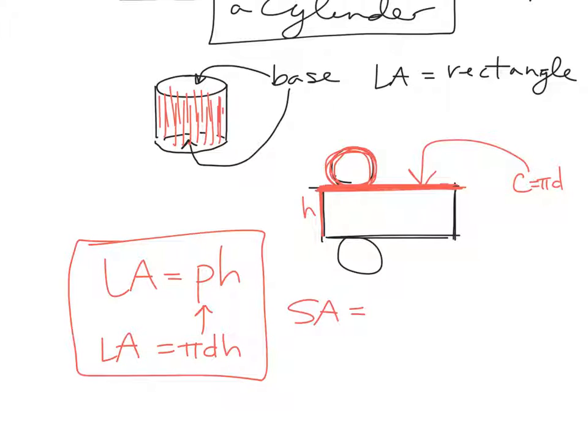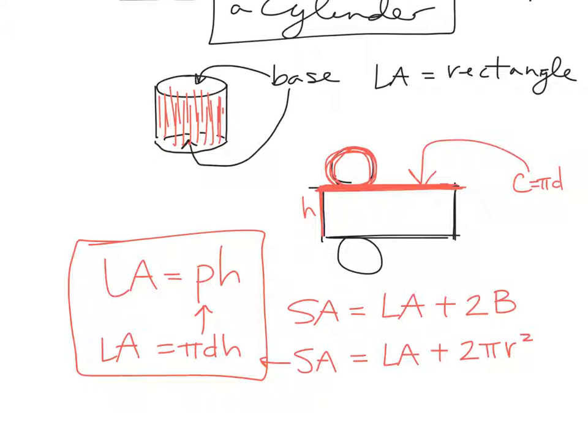Surface area then is going to be the same formula as before because we have 2 bases, so it's going to be the lateral area plus 2 times the area of the base, which in this case with circles involved, it's going to be the lateral area that we already found plus 2B, and B represents the area of the circle. What's the formula for area of a circle? Pi r squared.